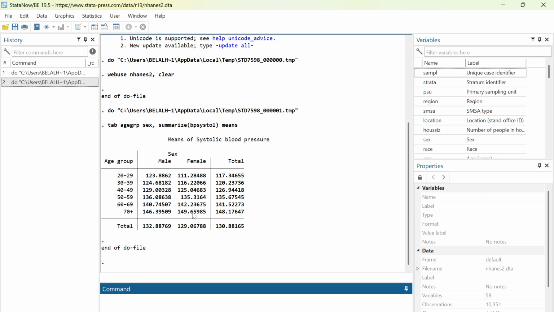Let's see if we can recognize some patterns over here. Male 123 for the 20 to 29 age group is the mean systolic blood pressure. We can see for female it's way less, 116.